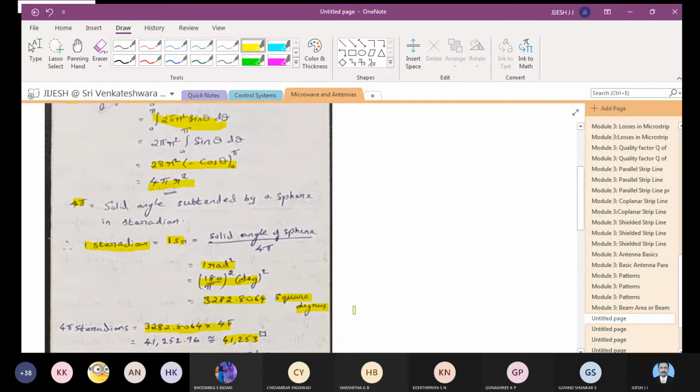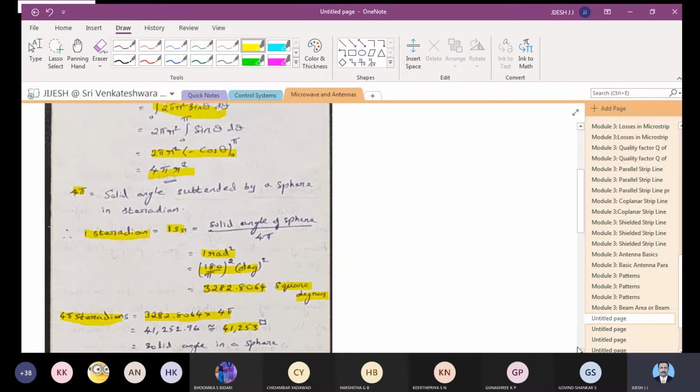So 4 pi steradians means 41,253 square degrees. These values you may have to remember, as we are going to use these things further. That 4 pi steradian is called the solid angle of a sphere.